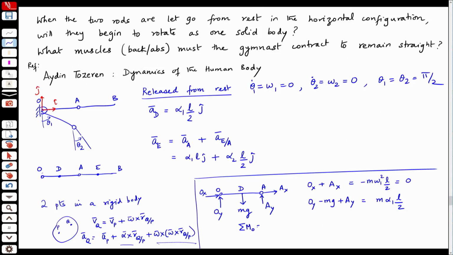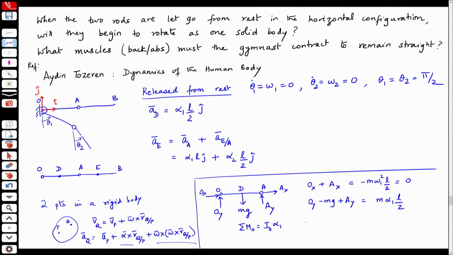And sigma M_O equal to I_O alpha 1, which gives me, if I take moments about O, because then I eliminate these two, Ax will also not have a moment about O. So, my only unknown will be Ay. Okay.